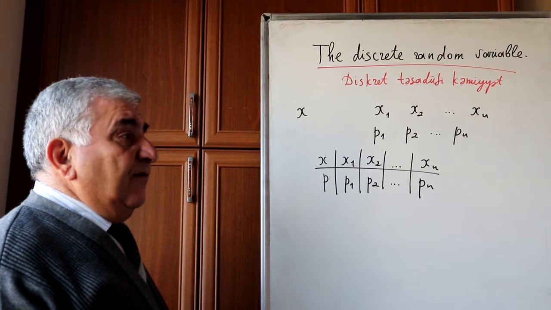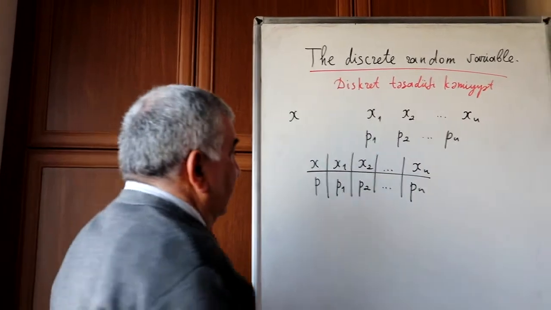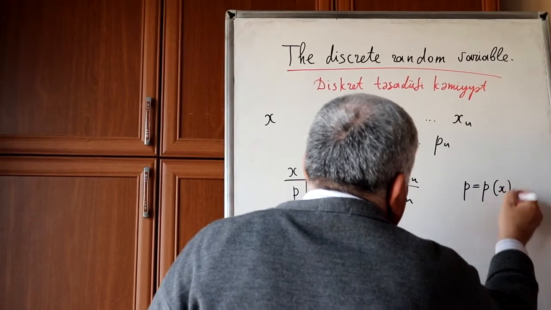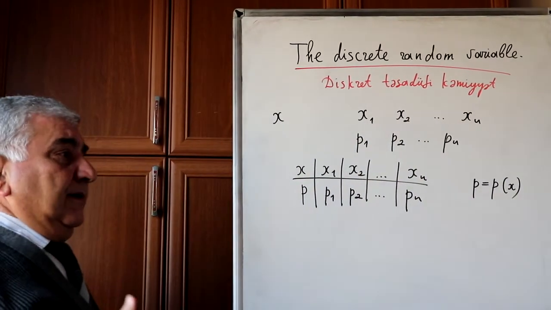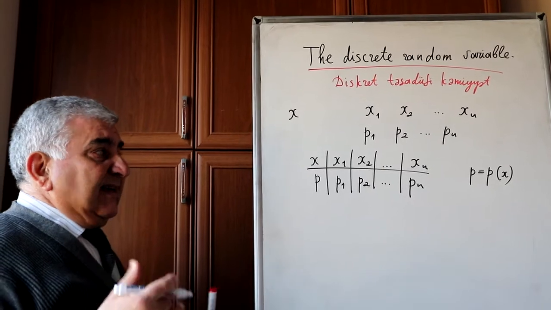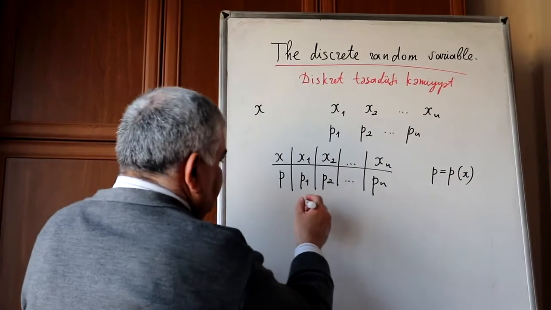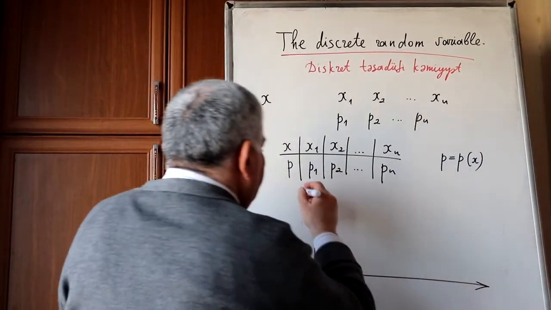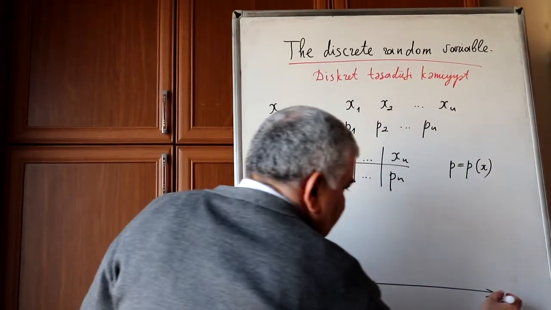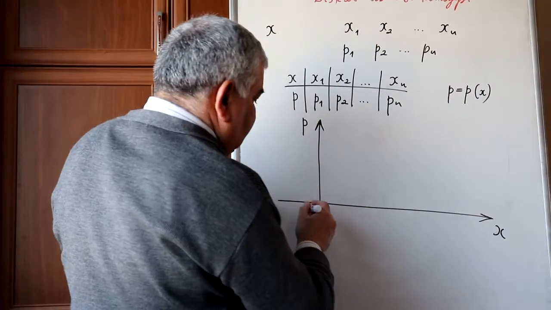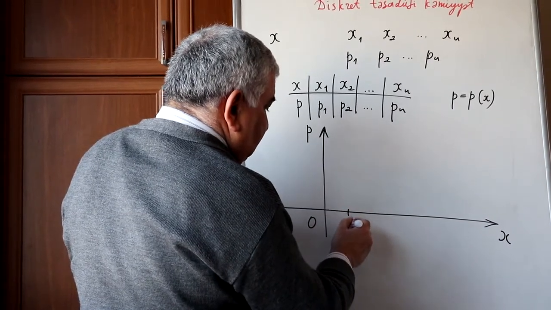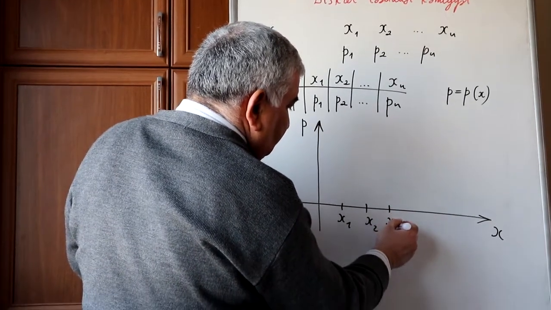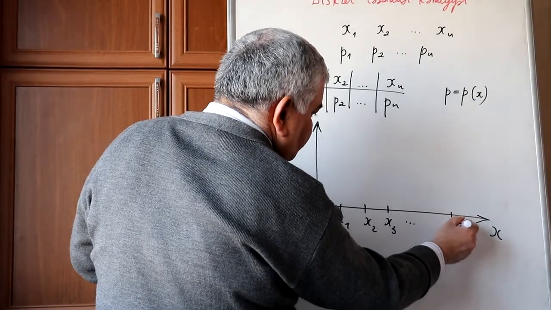Here we have the function p of x. Then construct the graph of this function. It is the p-axis, x-axis. Let it be x1, x2, x3, etc., x sub n.